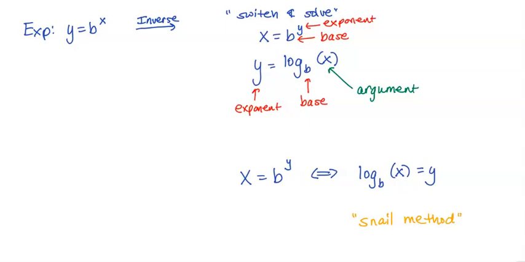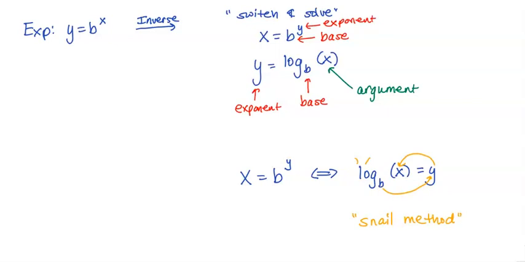If you have log base b of x equals y, to turn it back into the equation that's written with an exponent, we take b to the power of y and set that equal to x. It kind of makes a swirl as we think about that relationship that b to the power of y is equal to x. She thought that this looked like a little snail, and that was its curlicue shell. If that helps you remember how to do the rewriting, feel free to use that for sure.